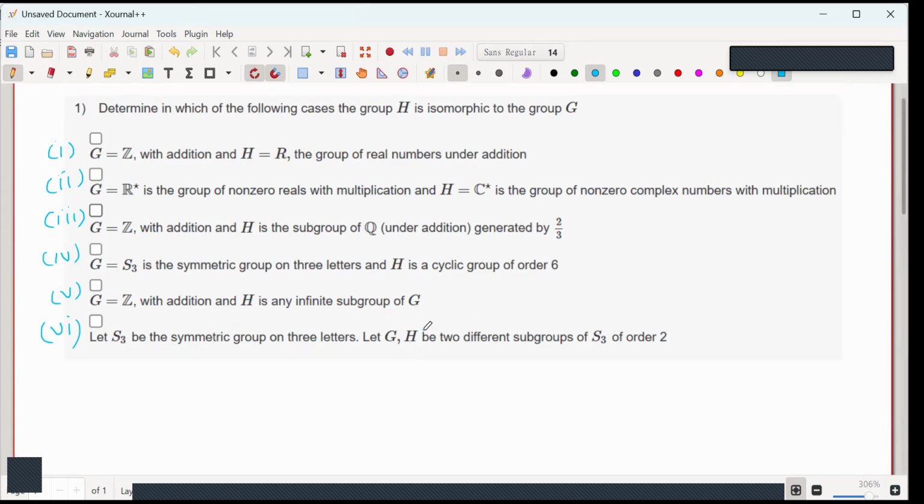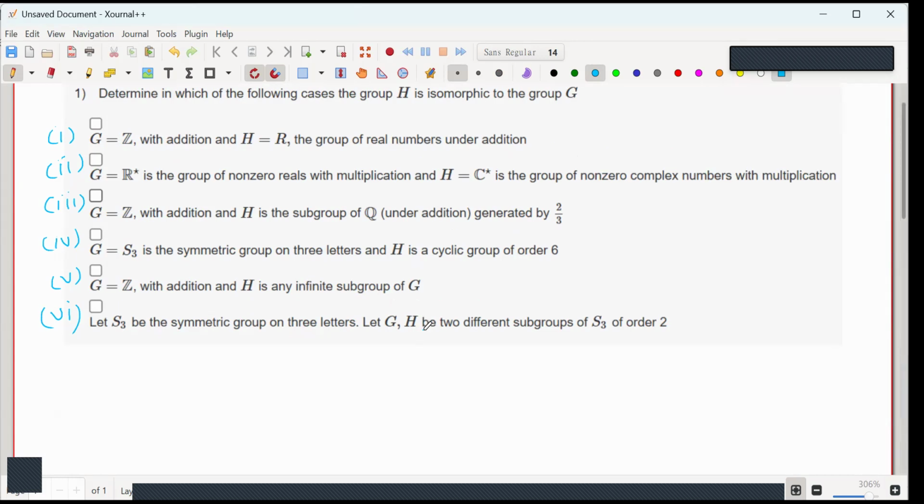So, the solution to the first part, as Prerna pointed out: Z is countable and R is uncountable.